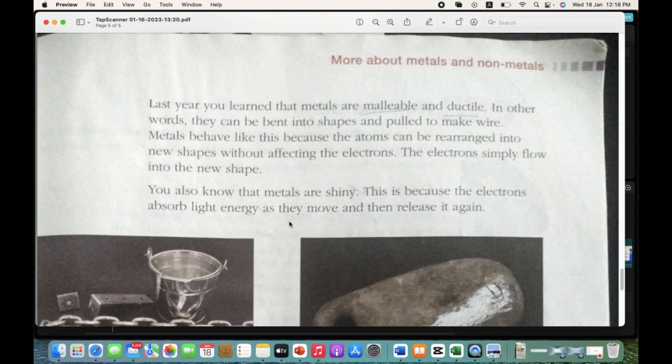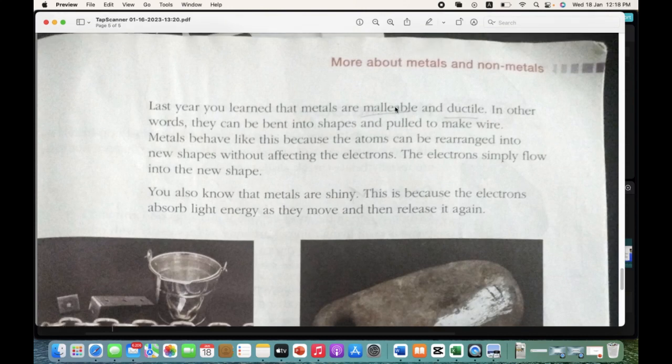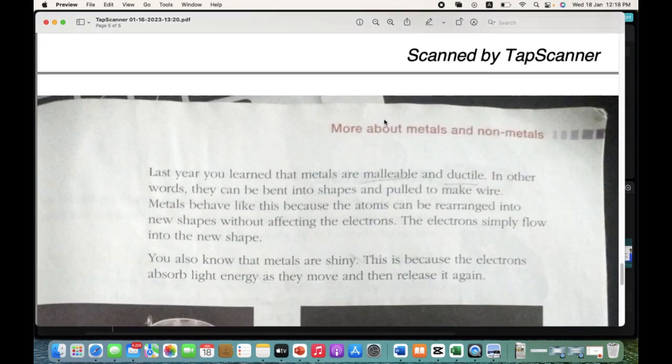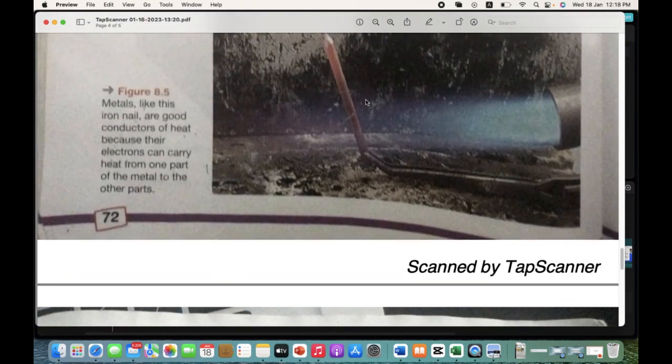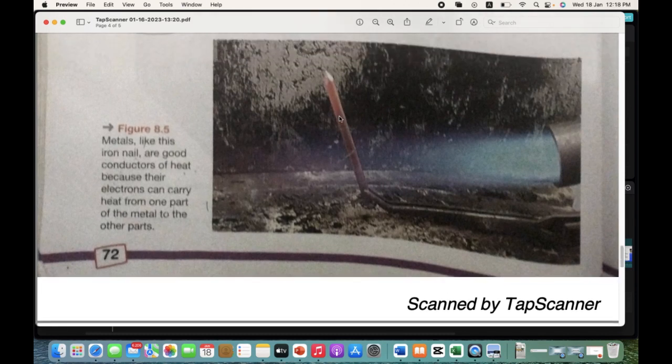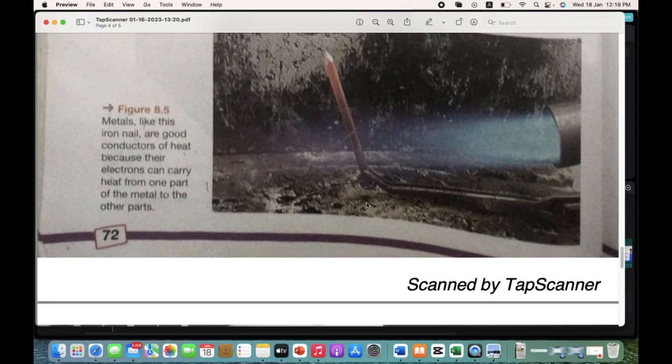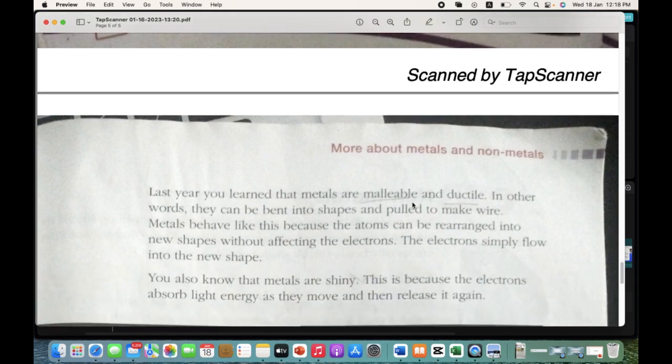They can be beaten into different shapes. You hit the metal, and you can use a hammer to bend it into any shape or flatten it. If you want to flatten it, we flatten it. So you can hit it and beat it into different shapes.